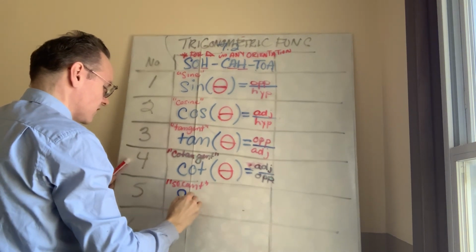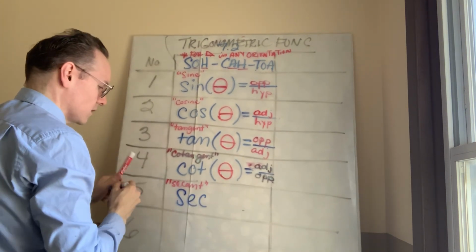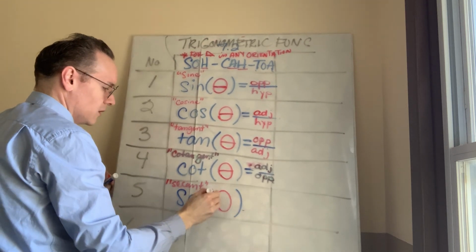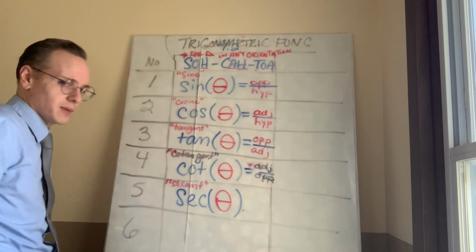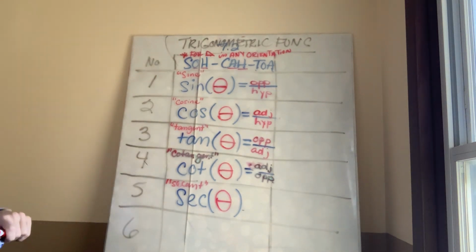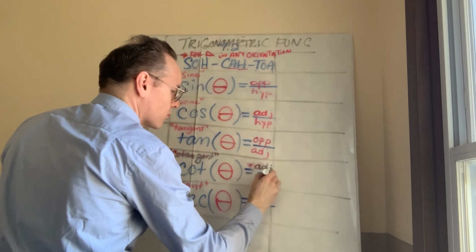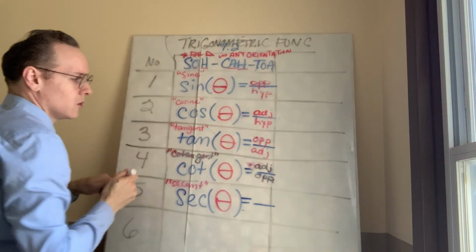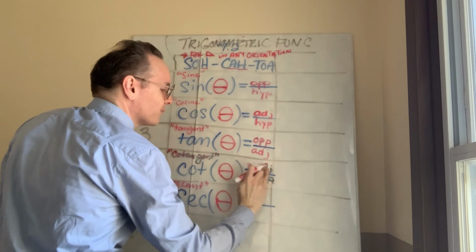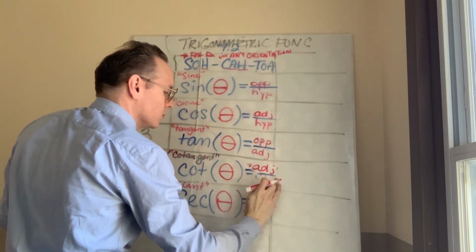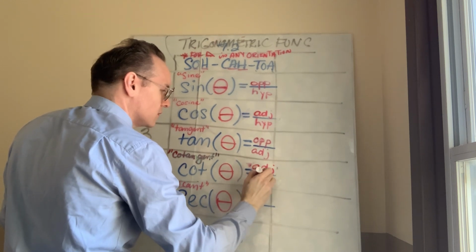Secant is abbreviated SEC, that makes sense. And again, it's a function, so you see parentheses, and then whatever the angle is, of which it is dependent. Again, I feel it is practical. I don't like how messy that is. Just duplicating what I wrote here a little bit nicer.